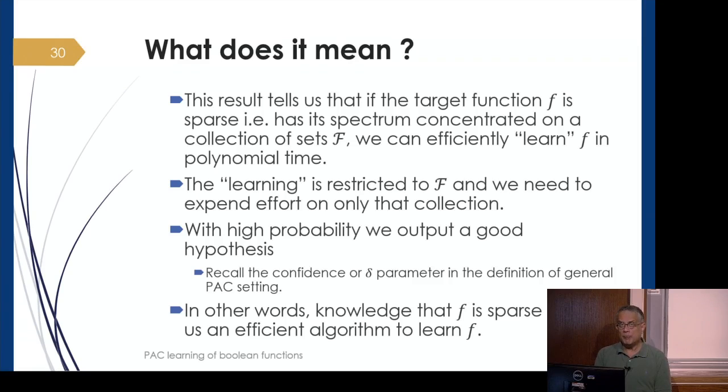So now we have pulled together two completely independent threads we had developed in these previous lectures. The first being the concept of sparsity, represented precisely through the number of dominant terms in the Fourier expansion.